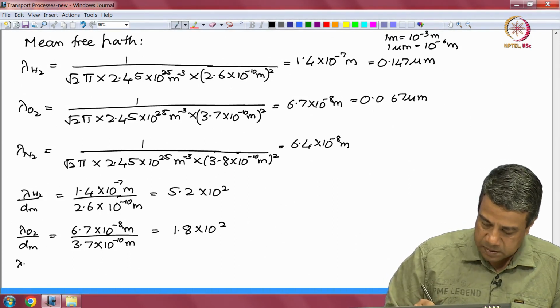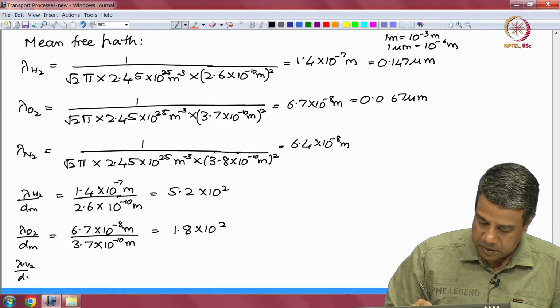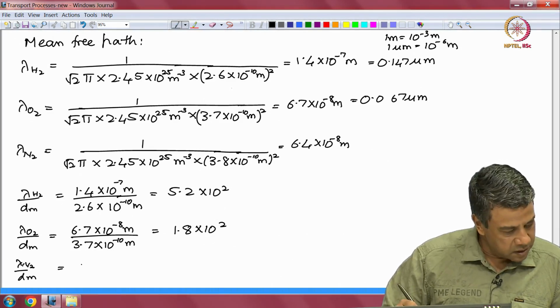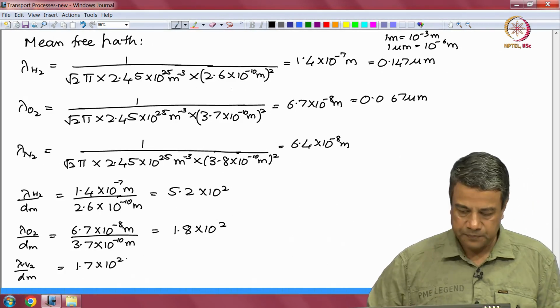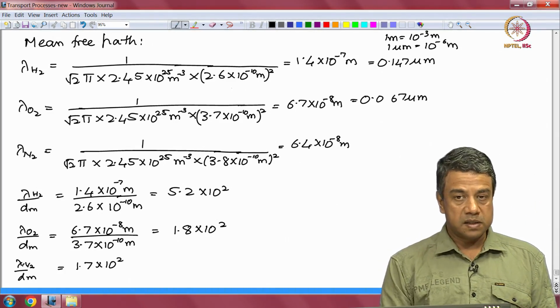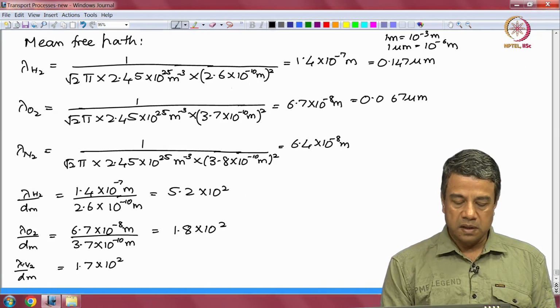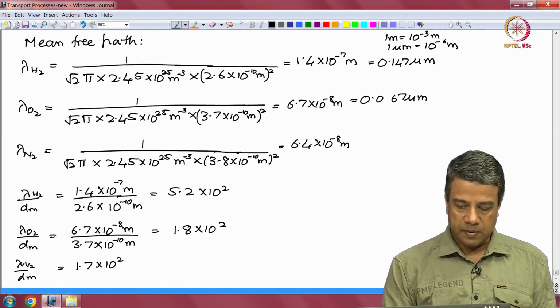And similarly, lambda nitrogen by diameter, you can do the calculation, it turns out to be about 1.7 into 10 power 2. Lambda is the distance between successive collisions, dm is the molecular diameter.